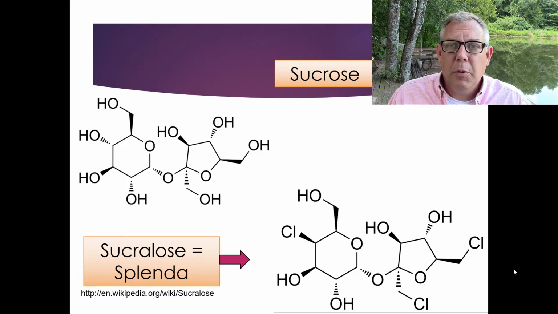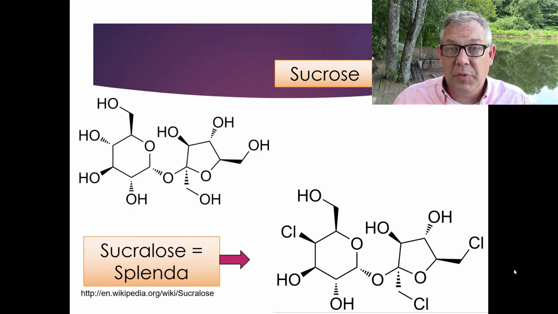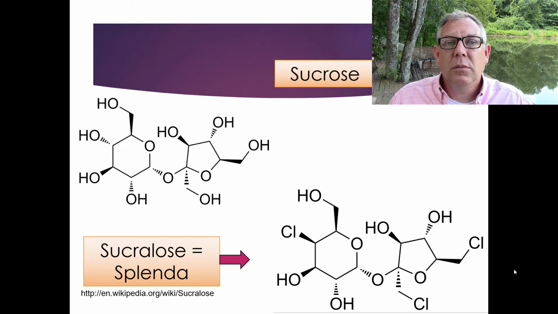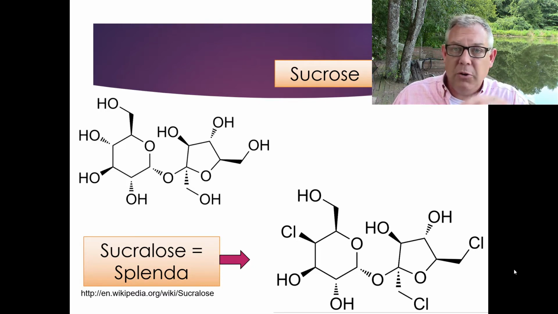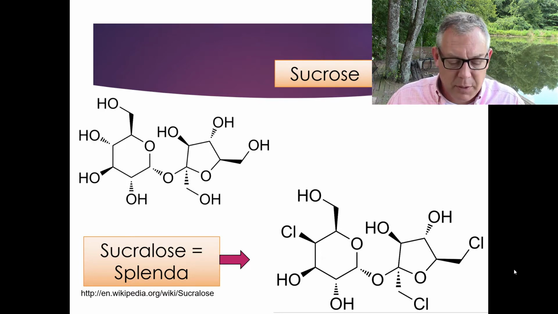But why do we have these artificial sweeteners? They give sweetness to something, but you don't get any calories. There's no energy from them. By looking at the molecular structure, you can understand that now, because the Splenda gives you sweetness. Whenever you put it in your coffee and drink your coffee, it's got a little bit of sweetness to it, right? Well, why does that happen? Look at the shape of the molecule. The Splenda is shaped very, very similar to the sucrose.